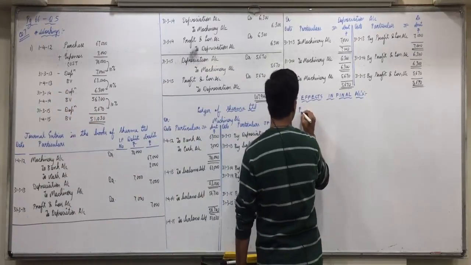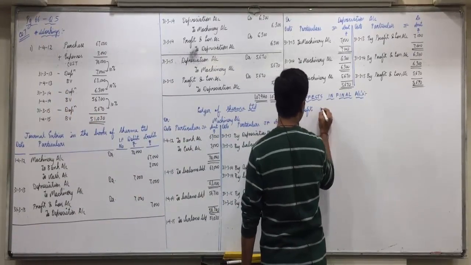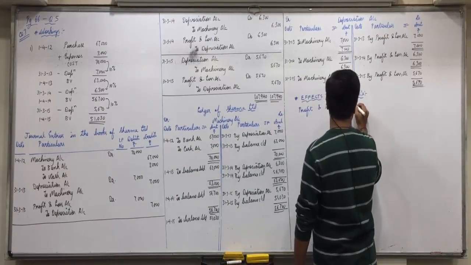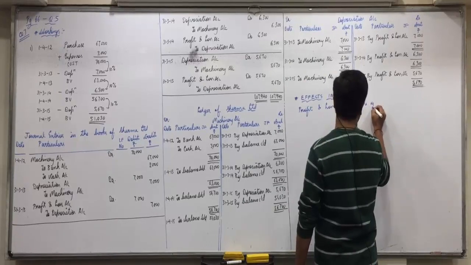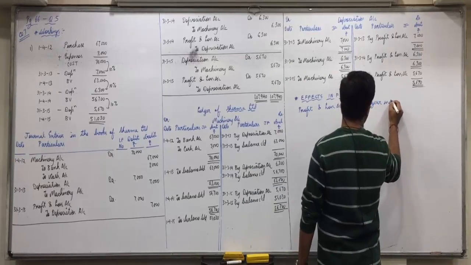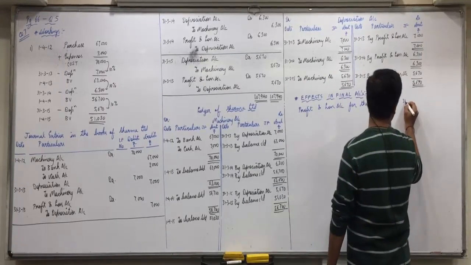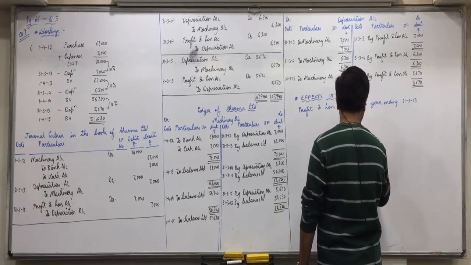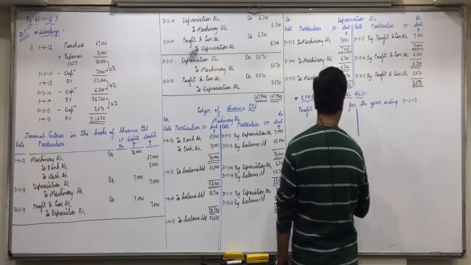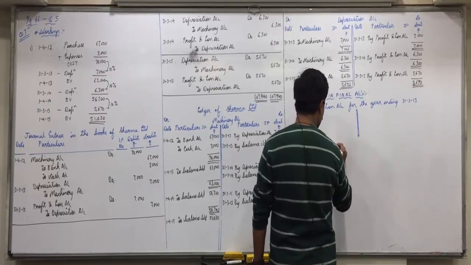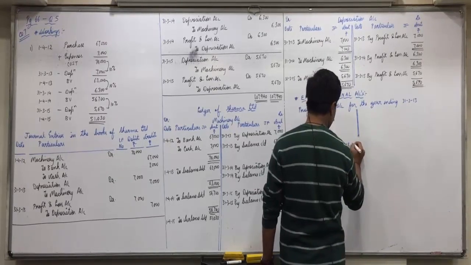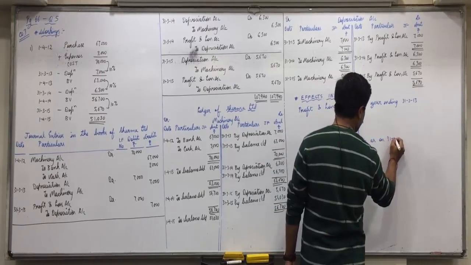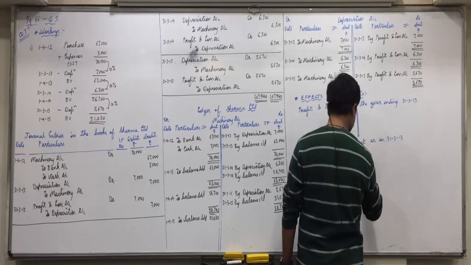So profit and loss account for the year ending 31/3/13 and balance sheet as on 31/3/13.